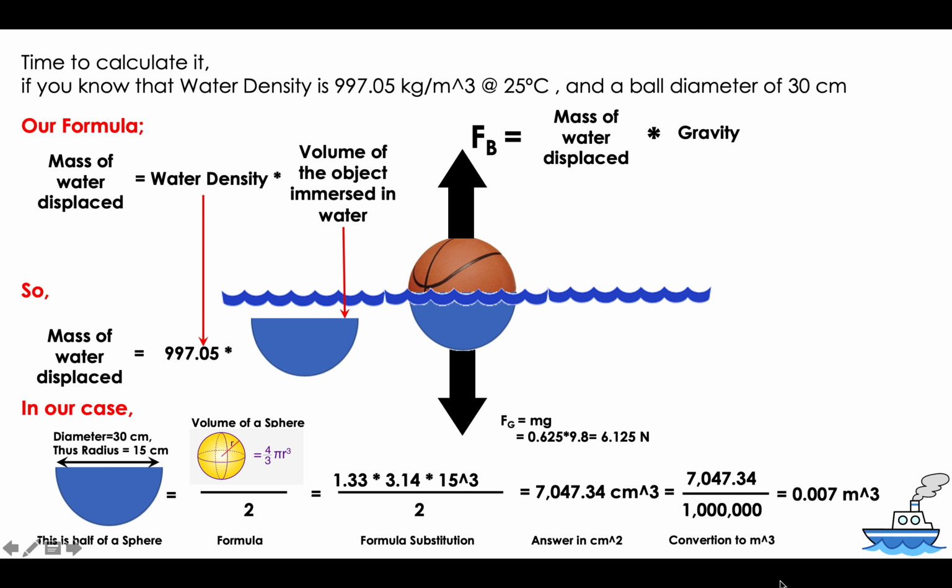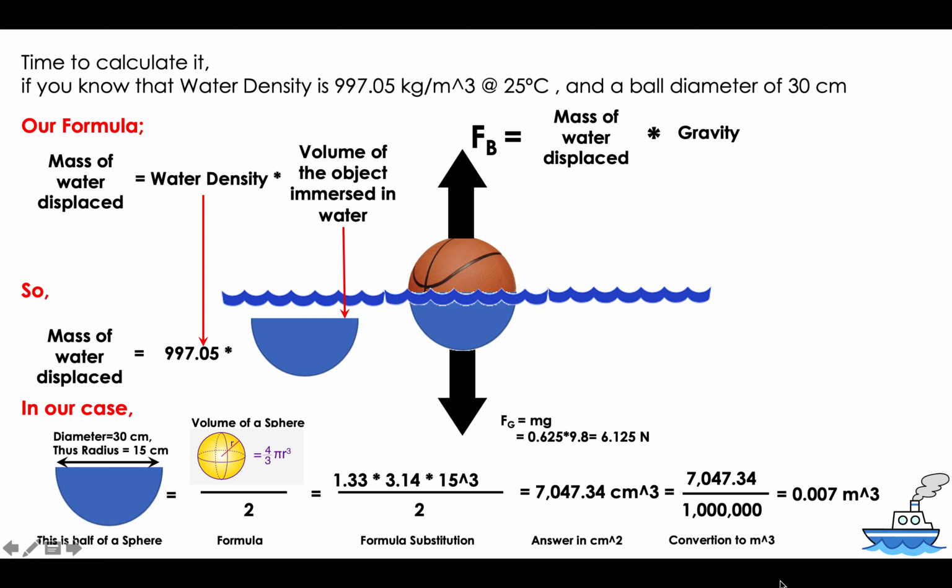If you note that the water density at 25 degrees Celsius is 997.05 kilograms per cubic meter, and the ball diameter is 30 centimeters, let's calculate the force of buoyancy. First, the mass of water displaced, back again, is water density times the volume of the object immersed in water. It is the blue area that you can see on the screen of the ball in the water.